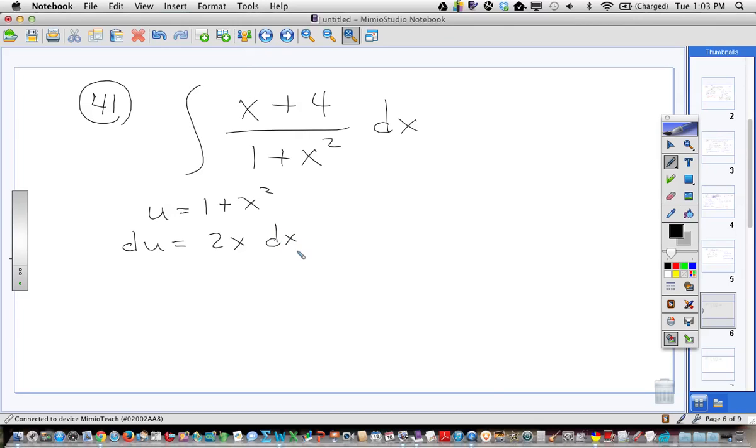Now I can divide the 2 over, so I've got an x dx. So my question is, what's the roadblock here? What's the problem? The plus 4, isn't it? If the plus 4 wasn't there, we'd be in great shape right now.